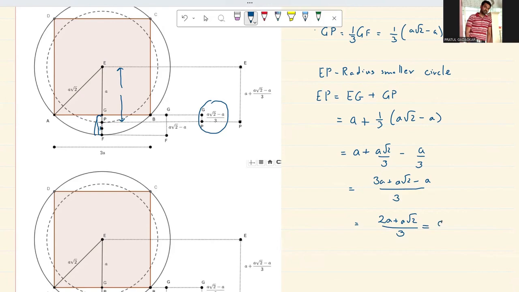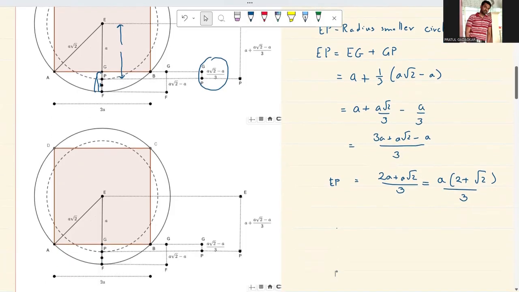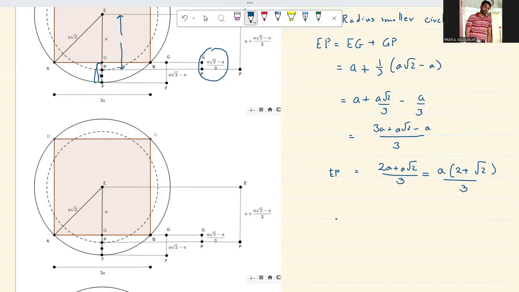So let me write it as A times 2 plus root 2 divided by 3. So this is EP, which is the radius of the circle, which I'm going to call R. R is equal to (2 plus root 2) divided by 3 multiplied by A.